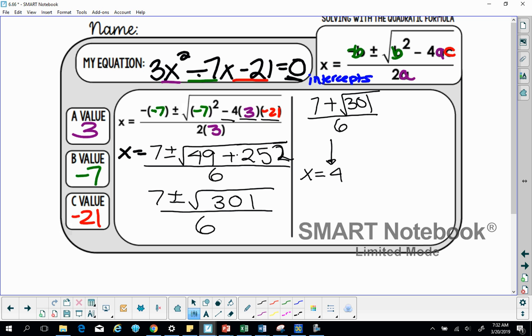Good. It's 4.058, so I'm just going to round it to 4.06. So that's my first x-intercept. Notice it's a decimal, but that's why you didn't see it on your calculator.